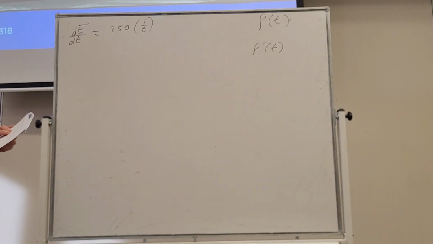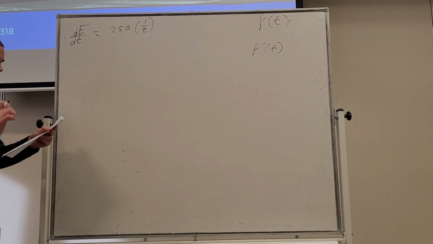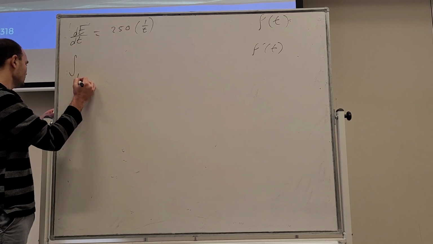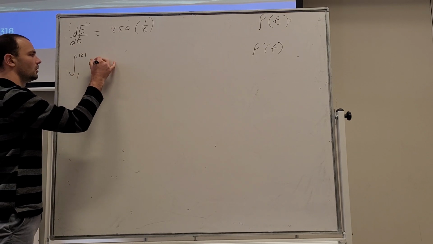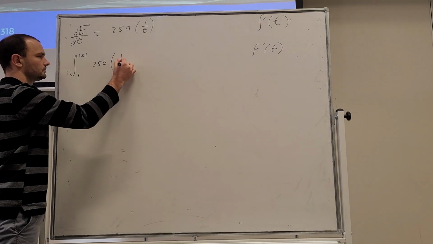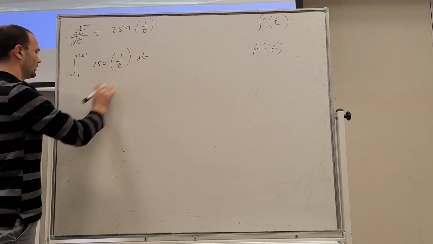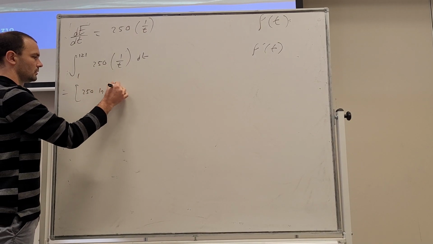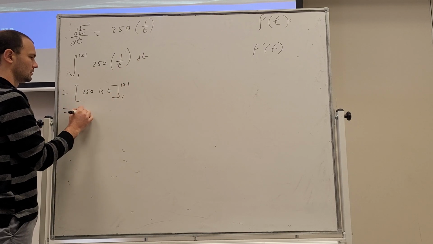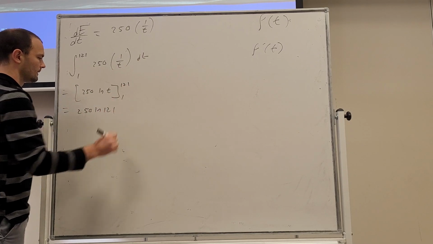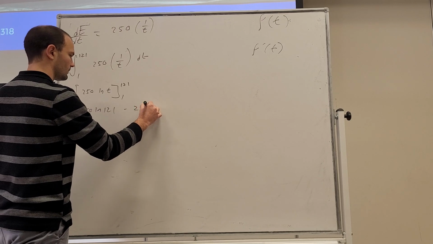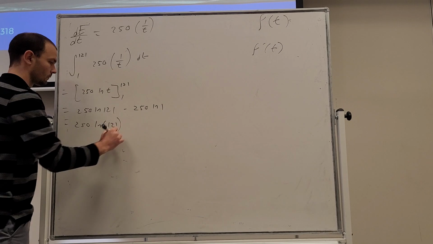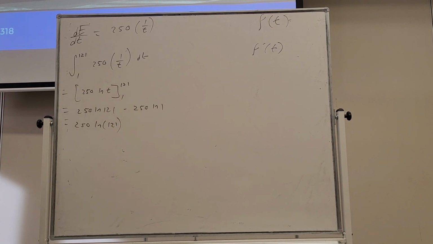Find the integral from 1 to 121 of dE on dt. So it wants us to perform the integral of 250 times 1 on t from 1 to 121. Let's evaluate that. 250 ln of 121.